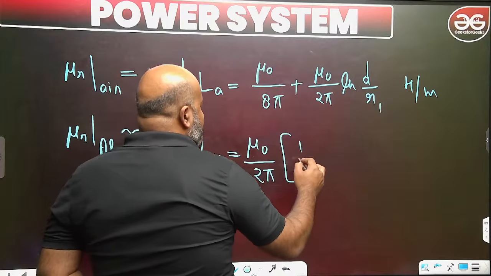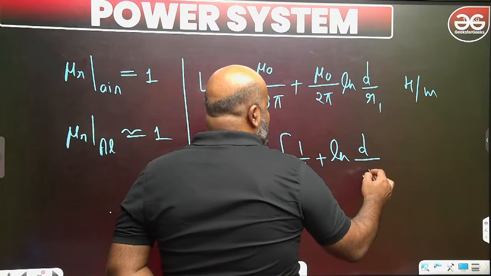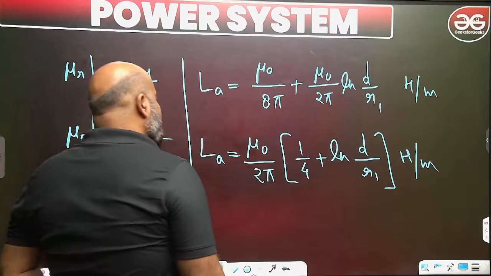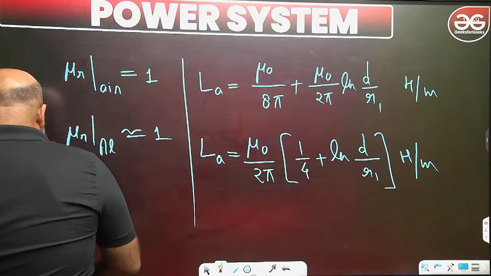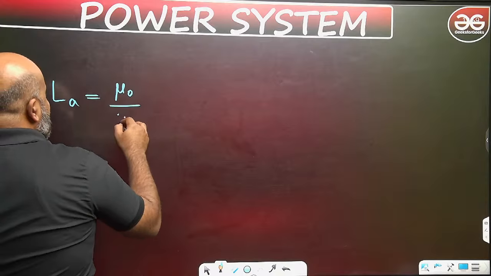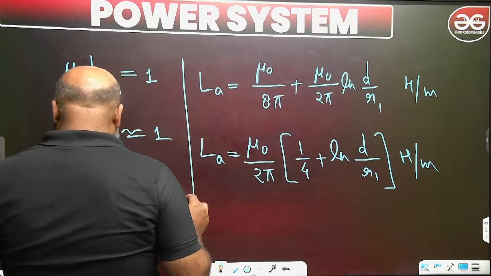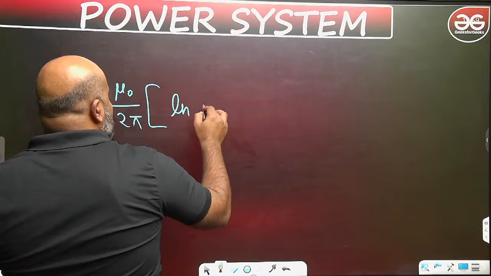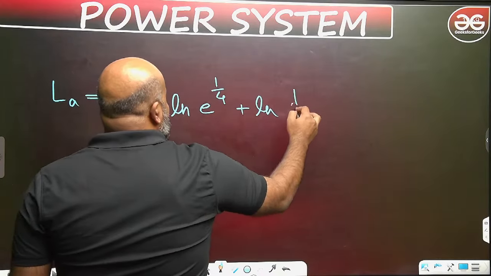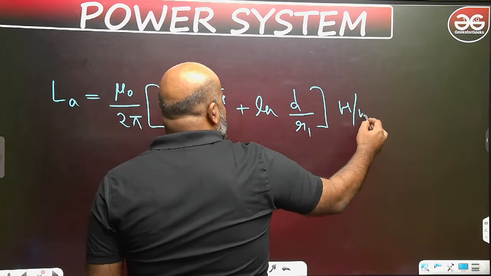So you get 1 by 4 plus ln D upon R1, Henry per meter. Simplify this: I write L_A as mu naught upon 2 pi, and I write this 1 by 4 as ln e raised to the power 1 by 4, plus ln D upon R1, again Henry per meter.